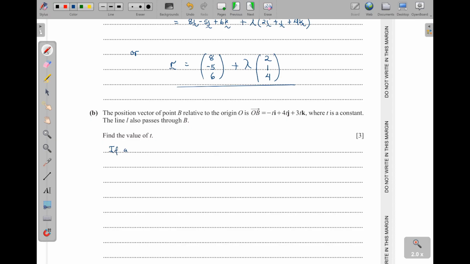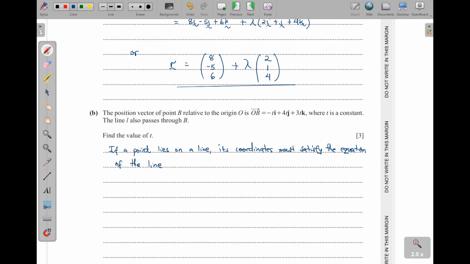If a point lies on a line, its coordinates must satisfy the equation of the line.